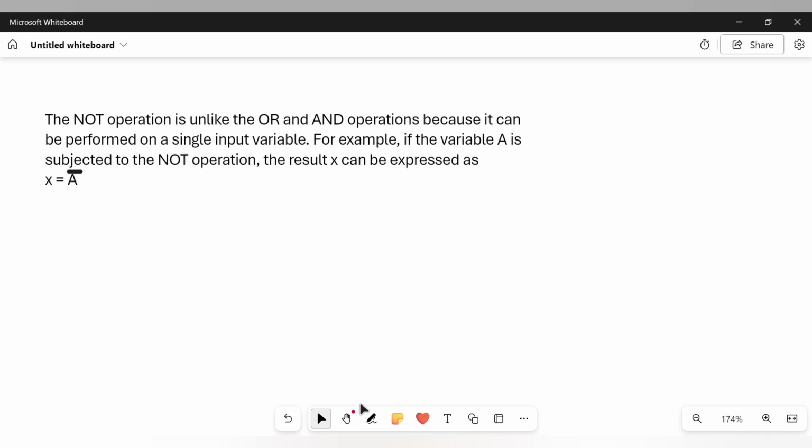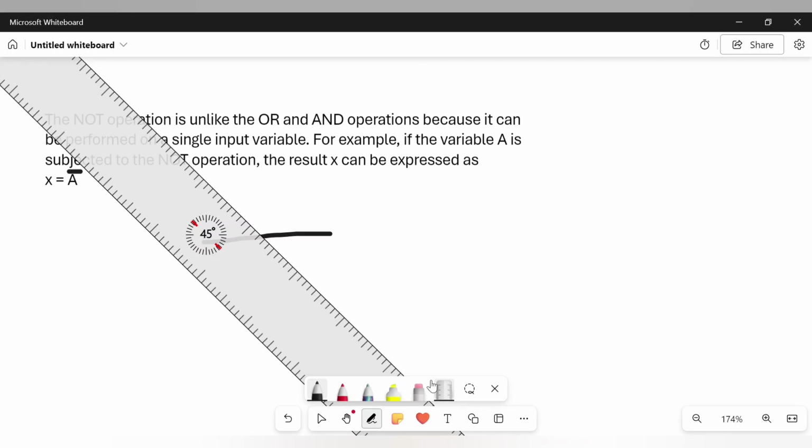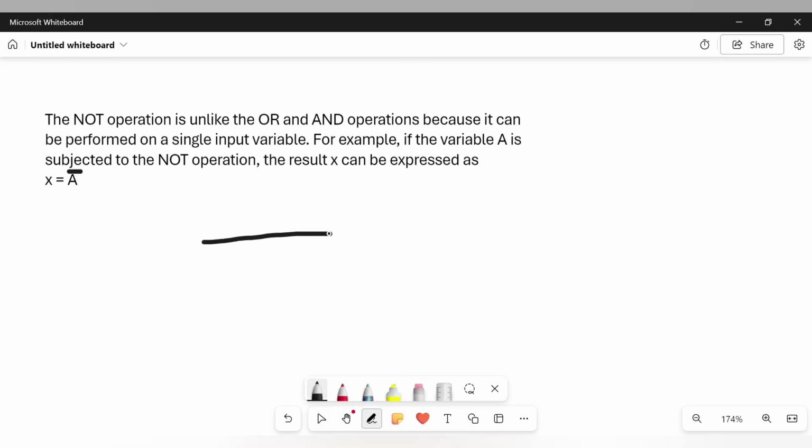What is the symbol for this? Let's try to understand it.